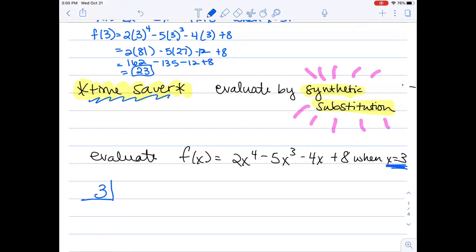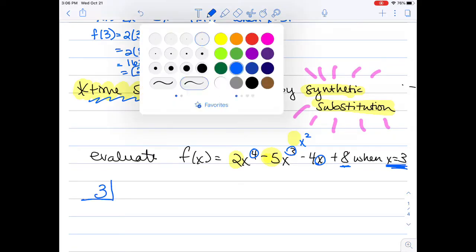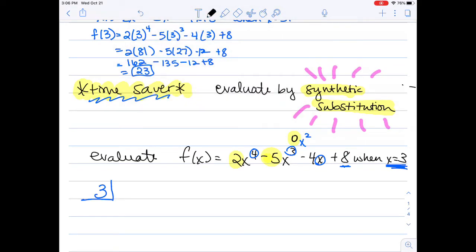We look through our function: we've got x to the 4th, x to the 3rd, there's no x squared term, x, and the constant. Then we look at the coefficients: 2, negative 5, nothing on the x squared, so we'll put a 0 here to hold its place, a negative 4 on the x, and an 8. We're going to list those coefficients: 2, negative 5, 0, negative 4, and 8.